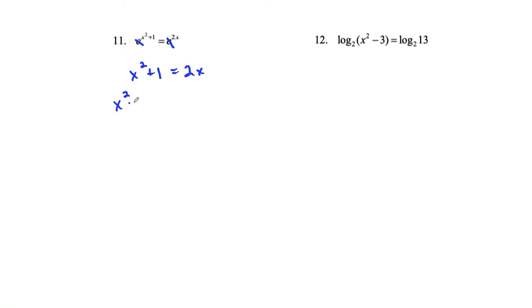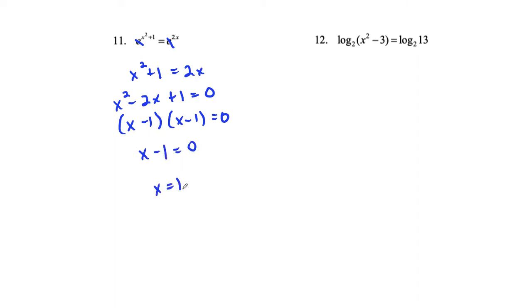We get x squared minus 2x plus 1 is equal to 0, and then I can factor this: x minus 1 times x minus 1. It's the same solution, x minus 1 equals 0, so x is going to equal 1. Pretty easy. Just take advantage again of that one-to-one property.